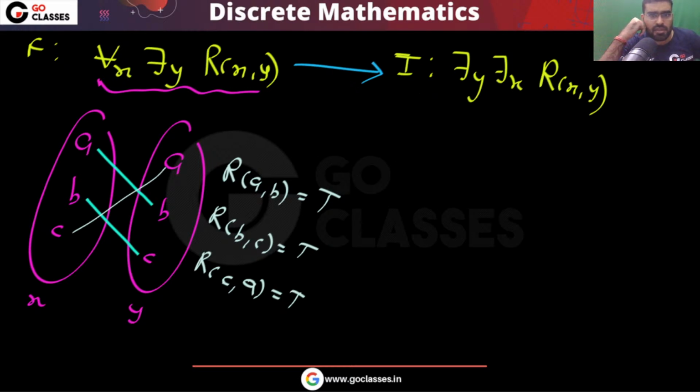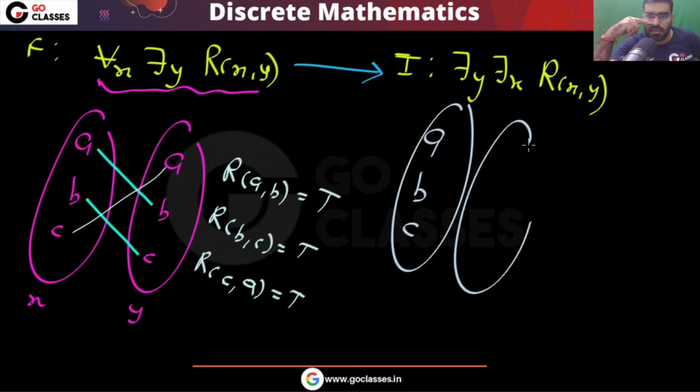What this is saying is that there is some y and some x such that rxy.